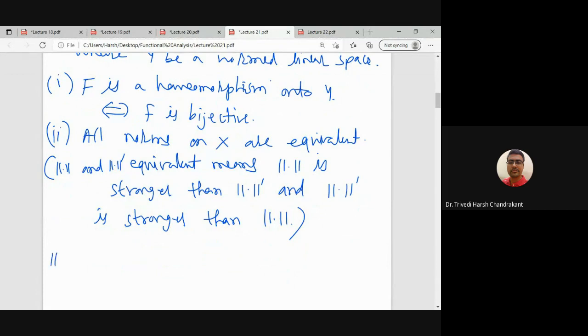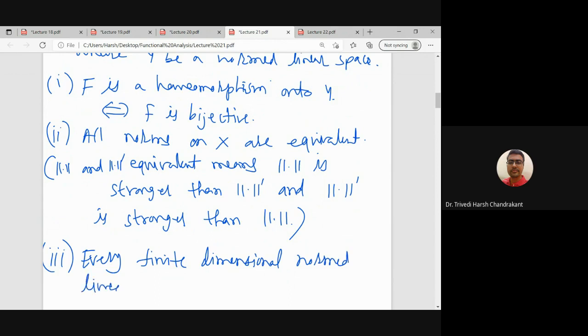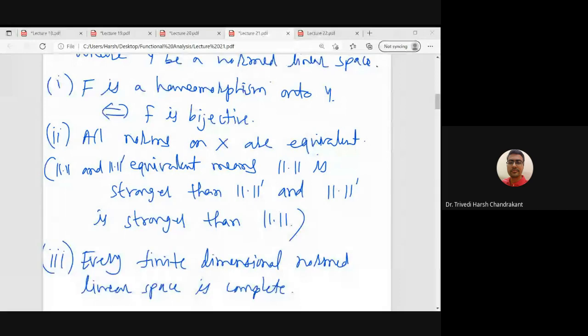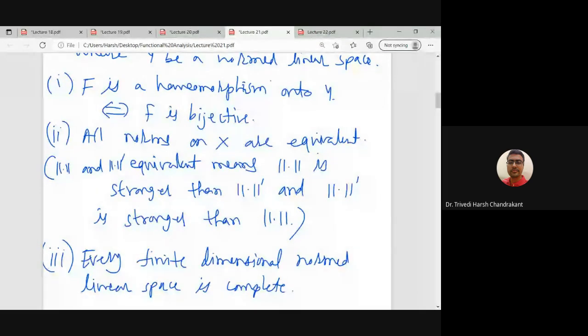And the third condition is that all finite dimensional vector spaces are complete. So using this, any two norms are equivalent. We will show that every finite dimensional normed linear space is complete. So we know that Rn and Cn are complete normed linear spaces with respect to the modulus norm.